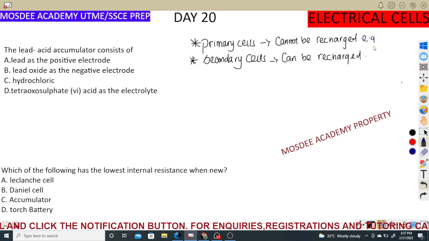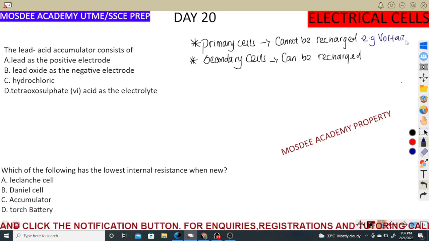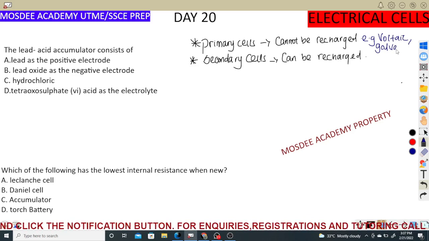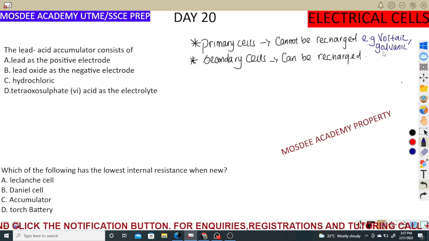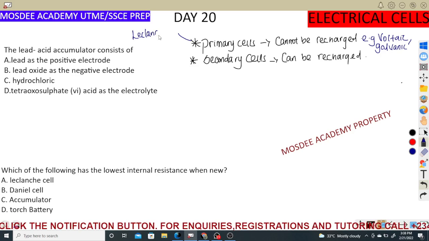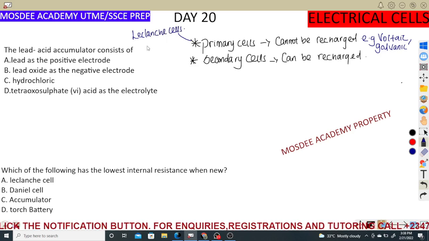Examples of primary cells are the voltaic cell, the galvanic cell. Your knowledge of chemistry will have explained all this. We have the Weston cell, and we have the wet and dry Leclanché cell. All these are classified into the primary cell.